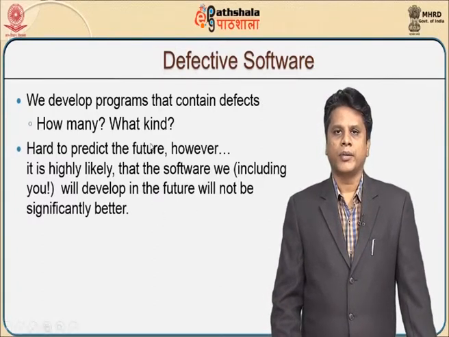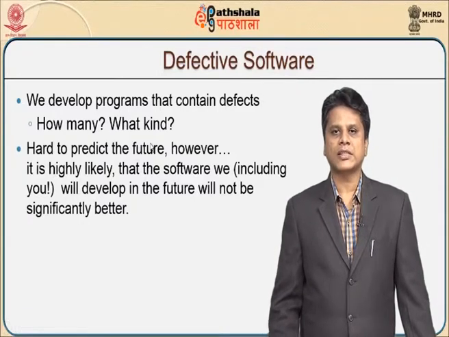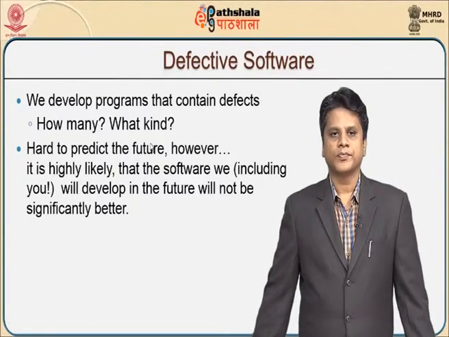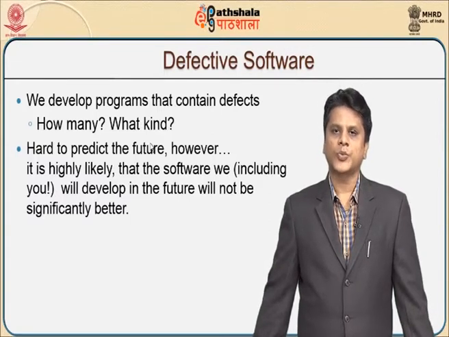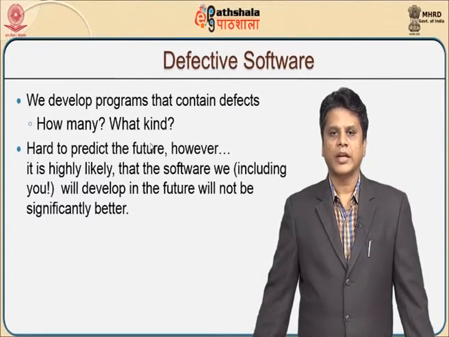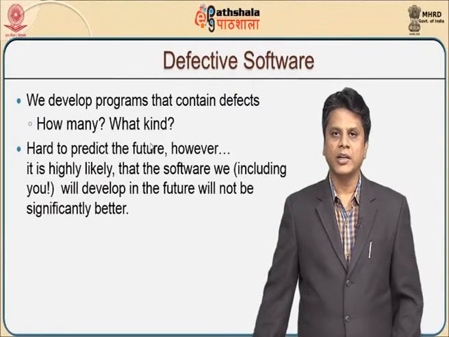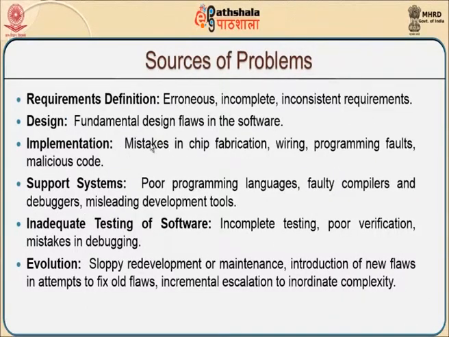So, predicting these kinds of defects, however, it is highly likely that the software which we develop in the future will not be significantly better. Some of the very common sources of problems, which bring more defects in the software, are these.